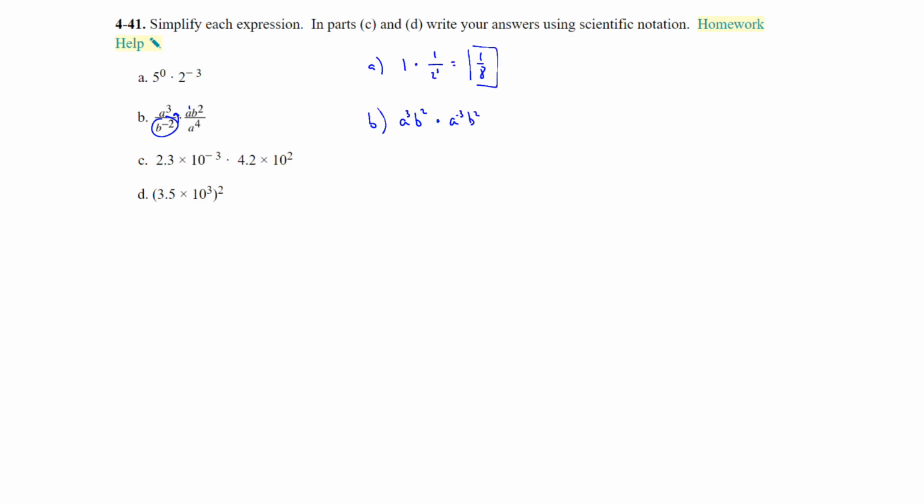So I just took the a to the first divided by a to the fourth and subtracted the exponents. And now we need to multiply, so by multiplying we add a to the third times a to the negative 3 would be a to the 0. And then b to the second times b to the second would be b to the fourth. A to the 0 is 1, so therefore 1 times b to the fourth is b to the fourth.